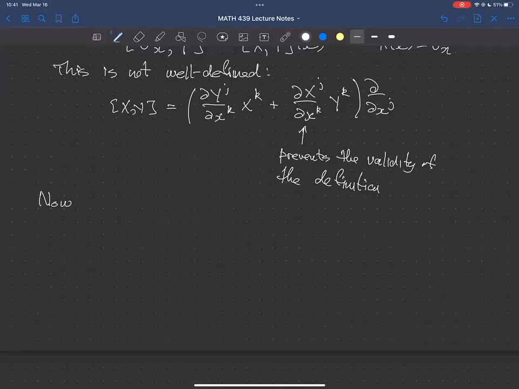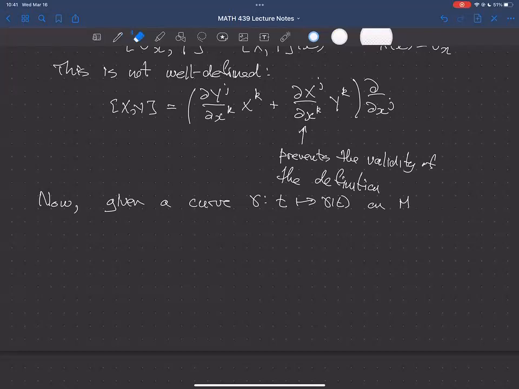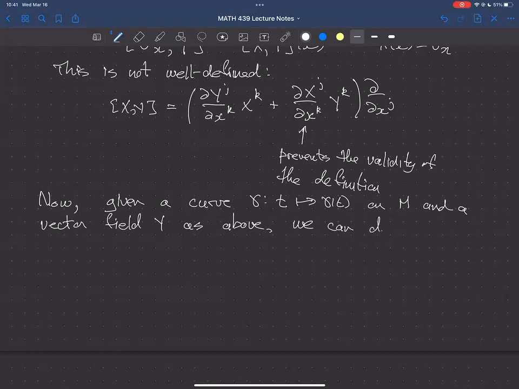So now, given a curve gamma on M, and a vector field y, just as above, I will define this thing, which I'm going to write like so.